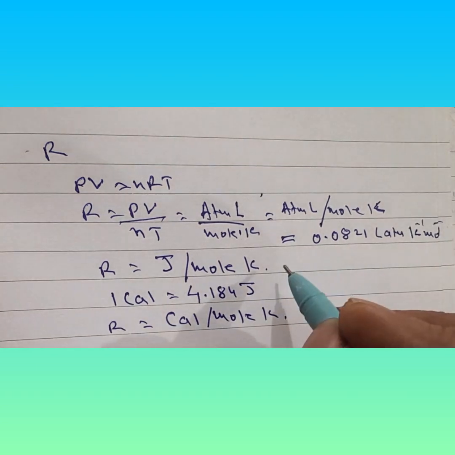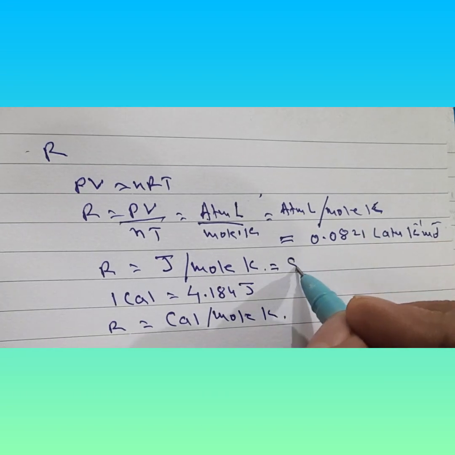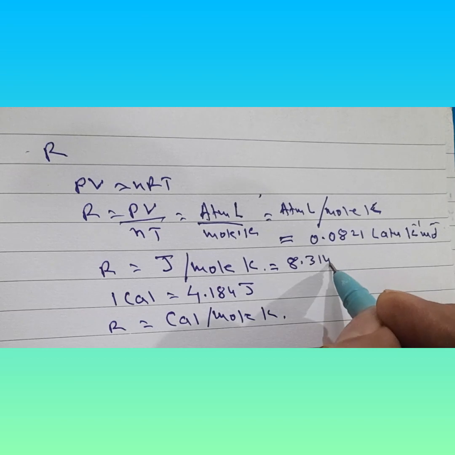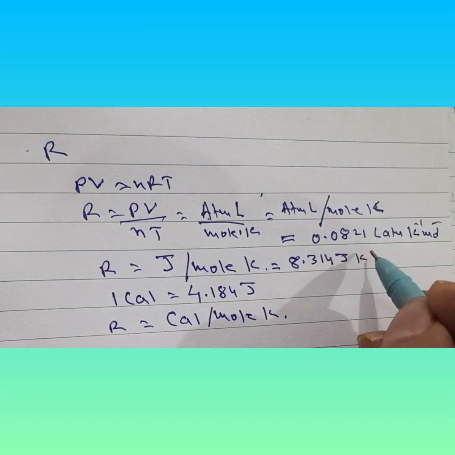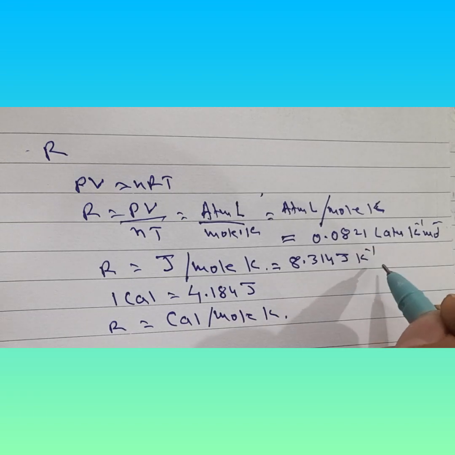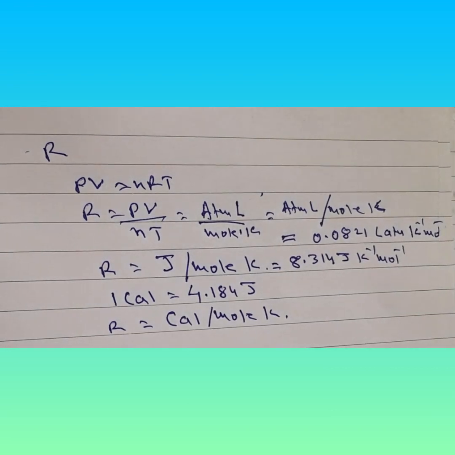Whenever we are talking in terms of joules, it is 8.314 joules per Kelvin per mole.